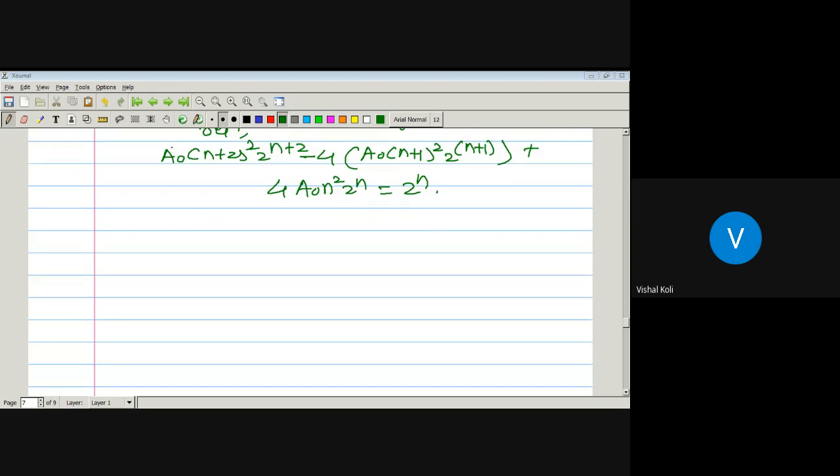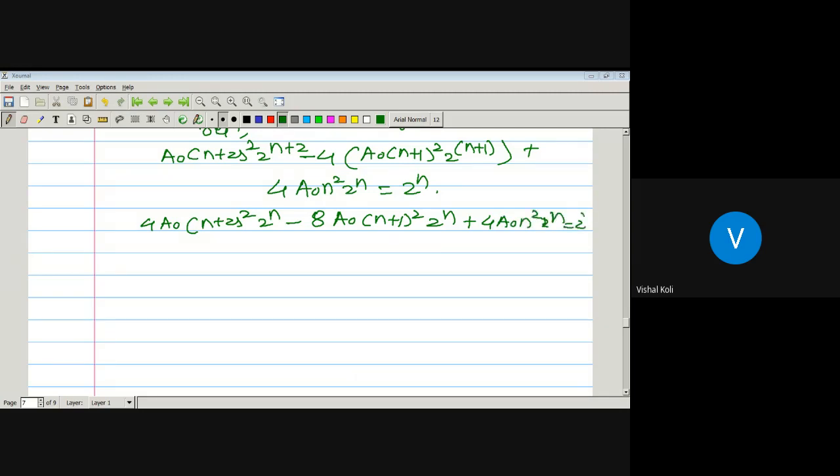Now this can be written as 2 square, that is 4 times a naught n plus 2 bracket square, 2 raised to n, minus 4 a naught, here this can be written as 2 into 2 raised to n, so it is minus 8 times a naught n plus 1 bracket square 2 raised to n, plus 4 a naught n square 2 raised to n.